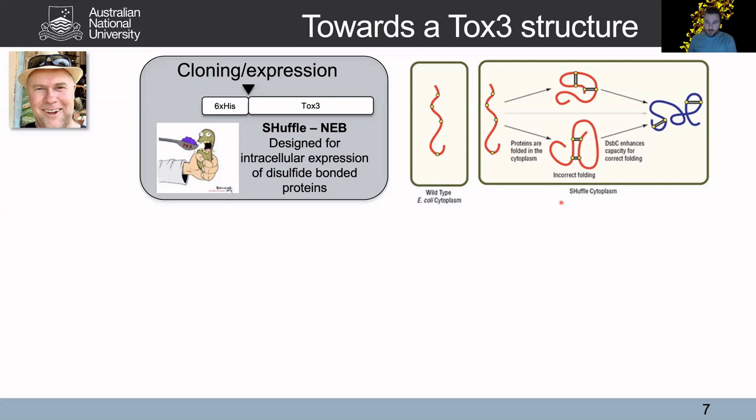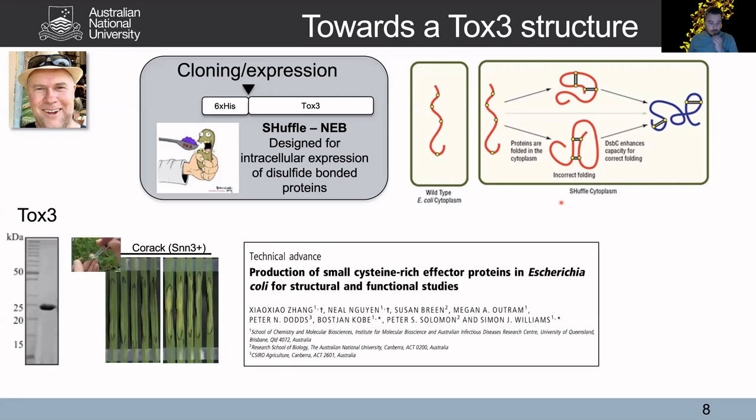So we started to use SHuffle and we had some success. So this is an SDS-PAGE gel of TOX3. We could produce it and purify it from SHuffle. And then what we're doing here is just injecting the protein with a needleless syringe into a wheat leaf.